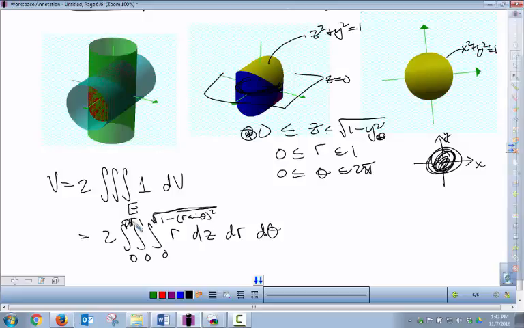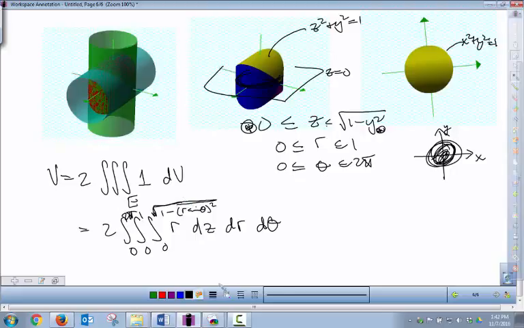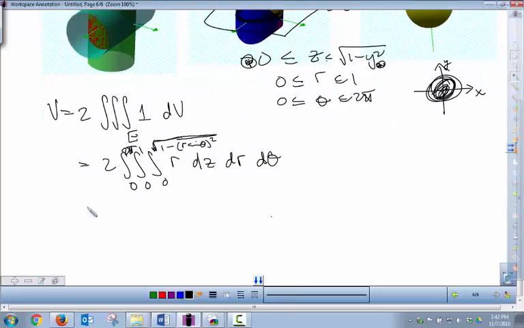Now, unfortunately, we can't take any d thetas out like we've been doing before, because there's a theta inside of the z. So really, this would be a good example where you need to integrate from inside out, one by one, variable by variable. So the integral of this thing with respect to z, there's no z's in there, so that's just going to be r with a z in it.